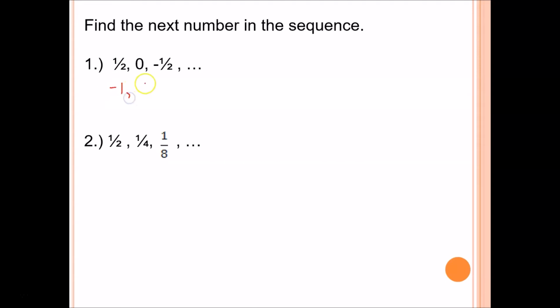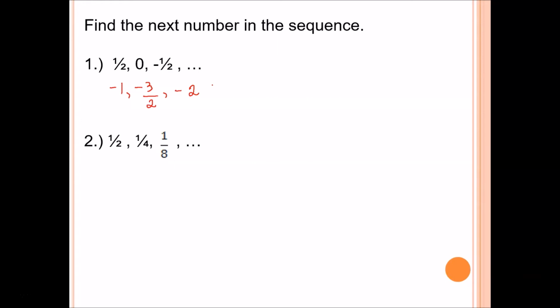And then negative 1 minus 1/2 again is negative 1 and 1/2, or we can write negative 3 over 2. If you want to do one more time, negative 3 over 2 minus 1/2 is negative 1 and 1/2 minus 1/2, which is negative 2. You can continue that sequence.